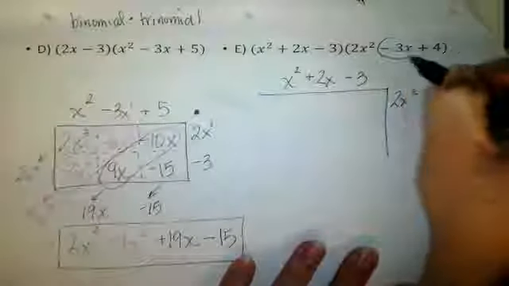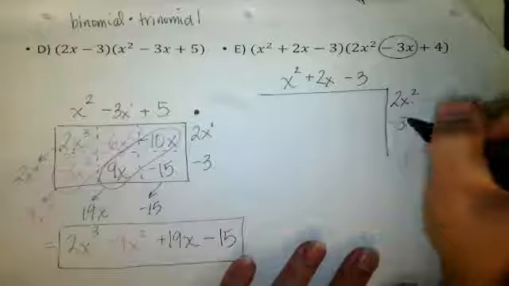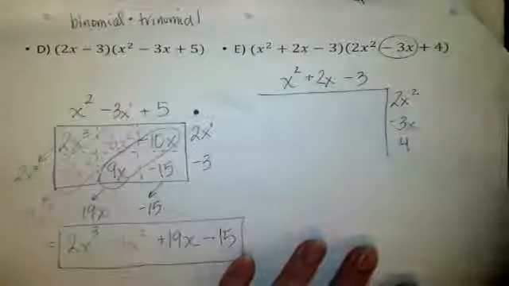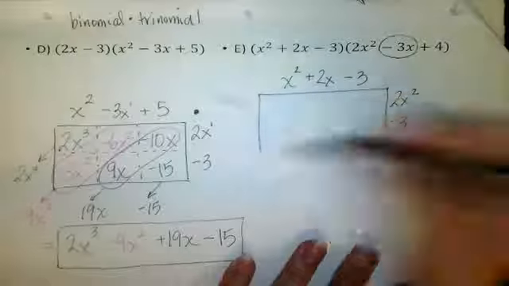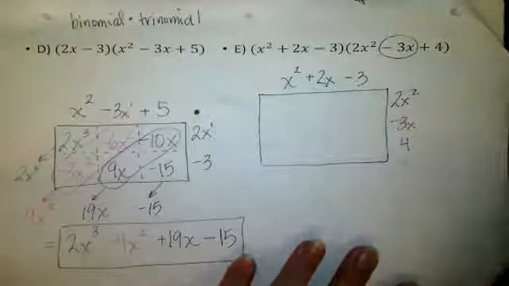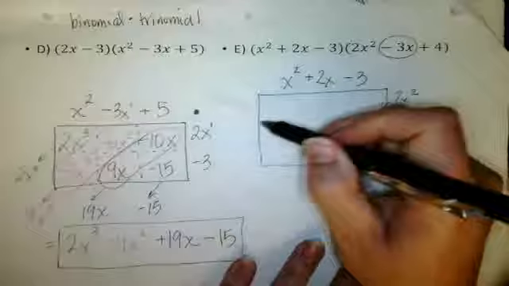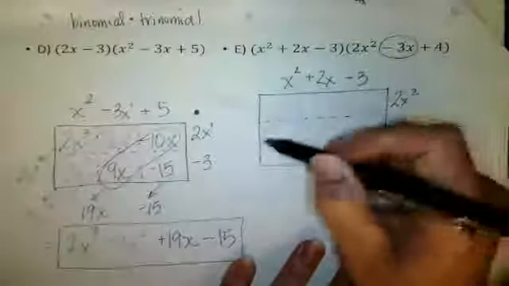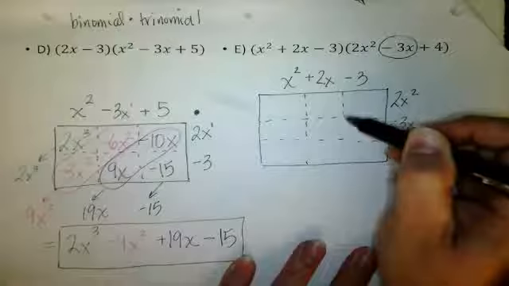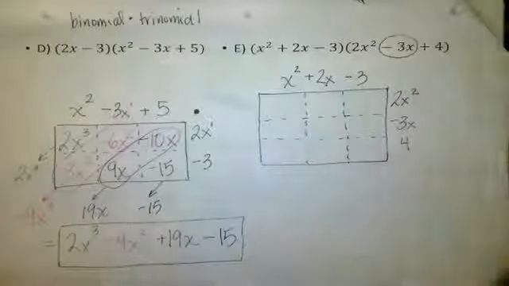Make sure you include the negative sign. So it's a negative 3x and then a positive 4. And then how many spaces are we going to have here to fill in? 9 spaces. So divide it up and fill in the little areas.